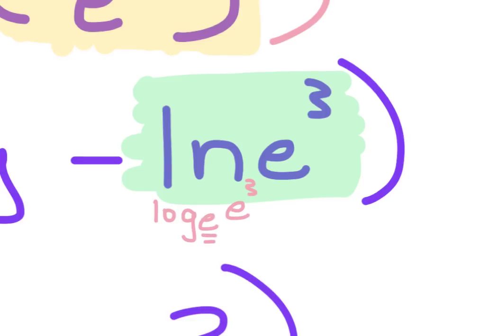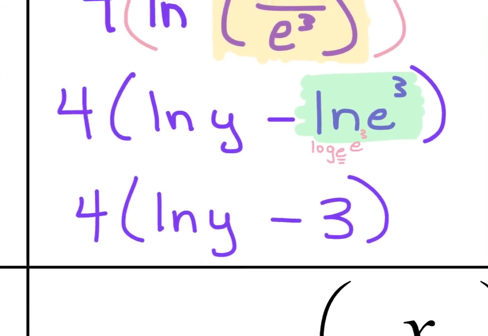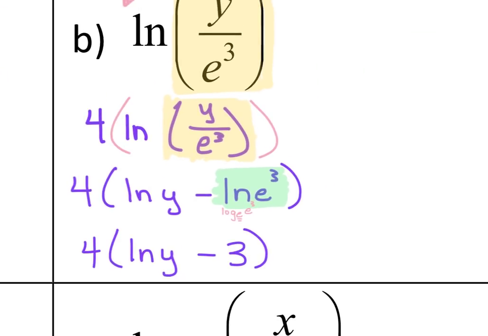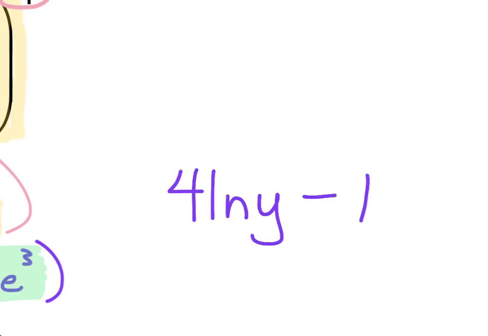What power goes on e to give you e to the third? It's just 3. And the last step, because the directions say no parentheses for letter B, is that I'm going to distribute the 4 to both of the terms inside of the parentheses. And my final answer for letter B is 4 ln of y minus 4 times 3, which is 12.